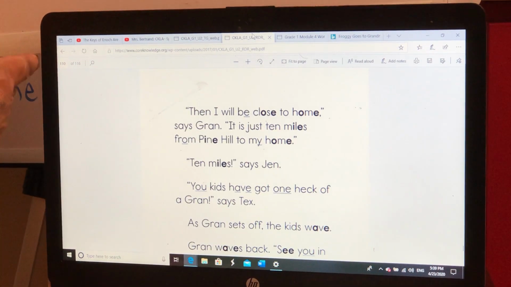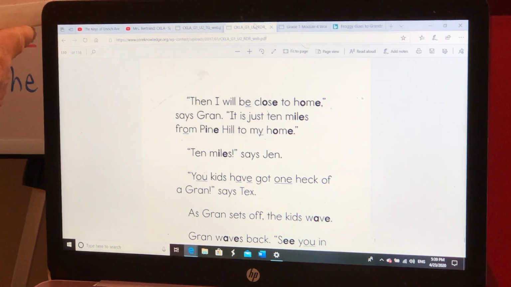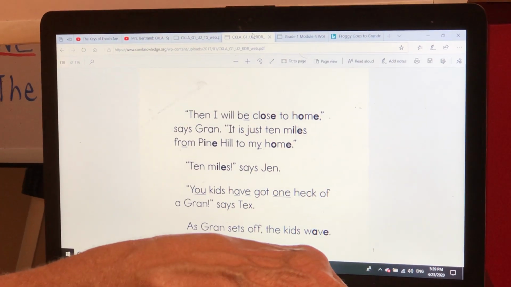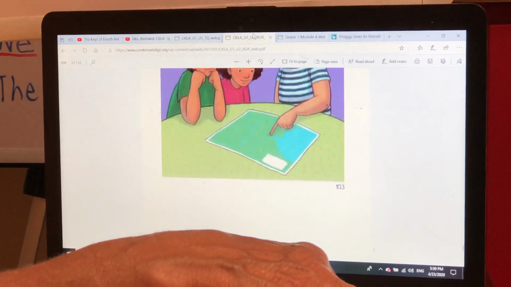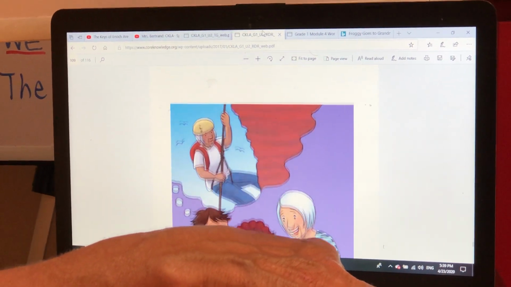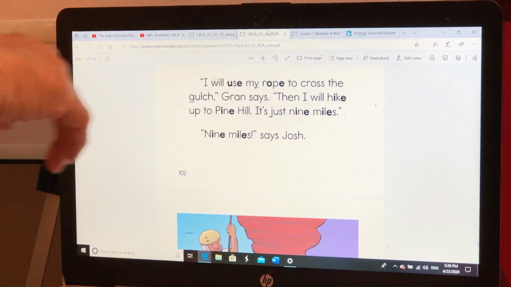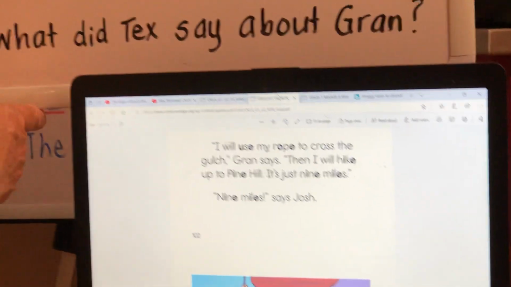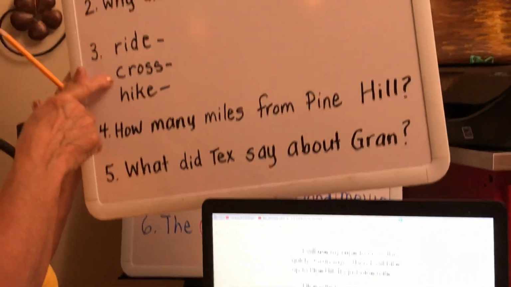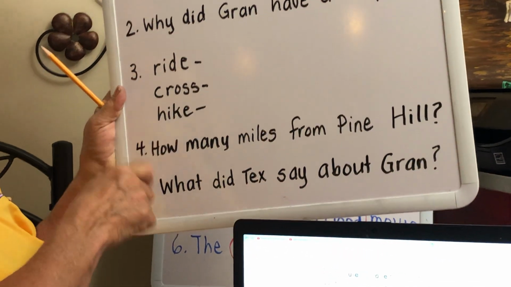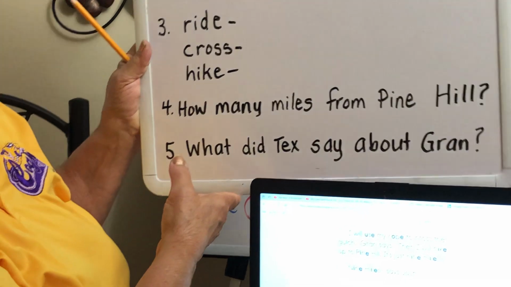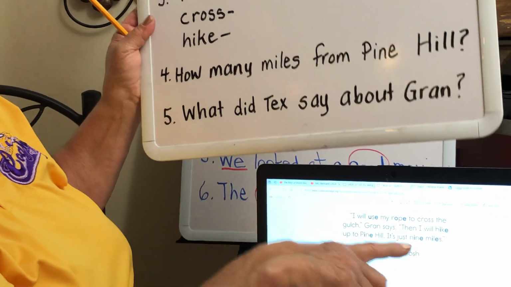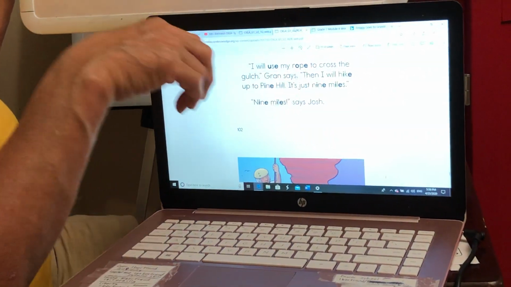And then she says, I think I skipped it again. Then I will hike up to Pine Hill. So she's going to ride, she's going to cross the gulch, and she's going to hike to Pine Hill. And then that's only going to be 9 miles from her home. How many miles from Pine Hill? What did she say? Just 9 miles.